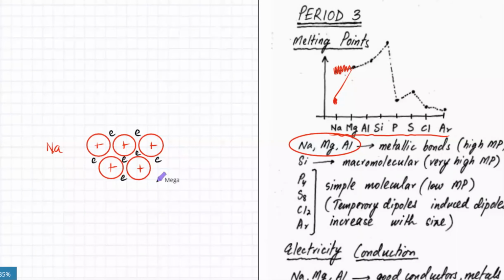So the way you're going to describe this is that it's a giant metallic lattice. Okay, remember, this is your O-level stuff.